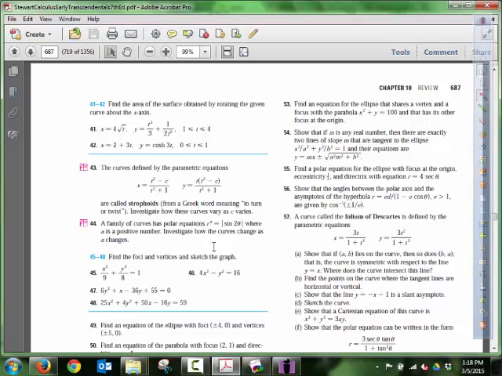Which means the distance between the foci and the vertices, and the distance between all the others. So I don't think I'd ask for a directrix for something like this. All right, I think we're done with this one then.